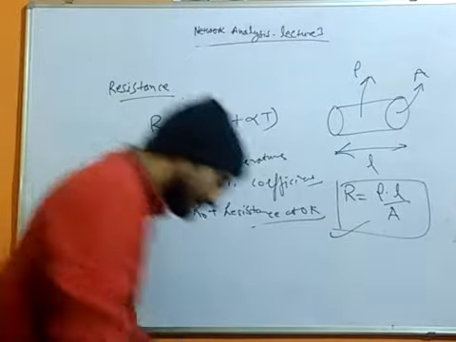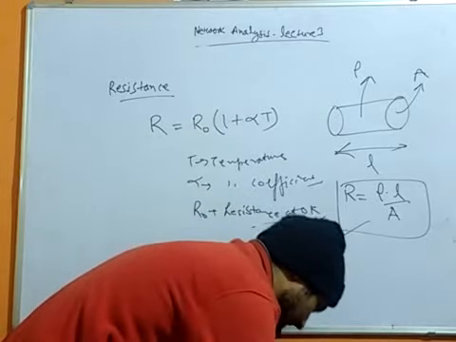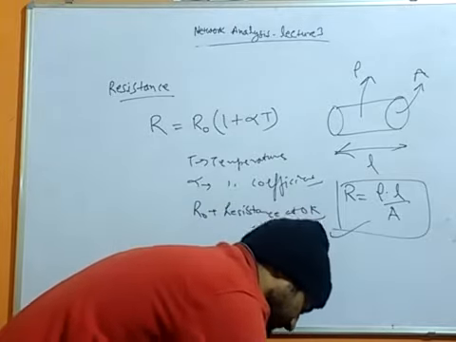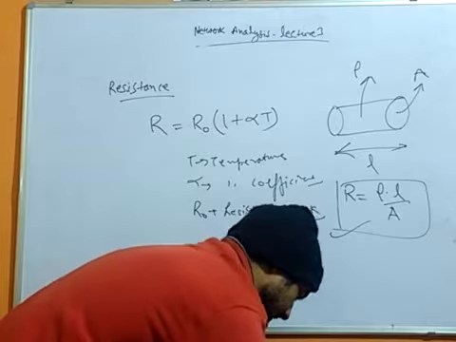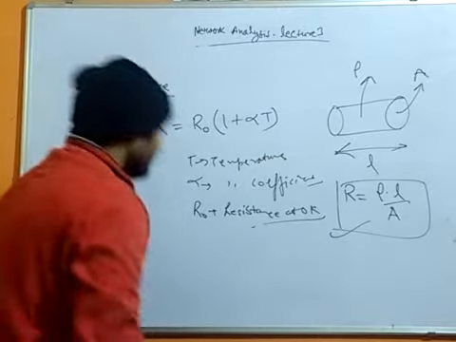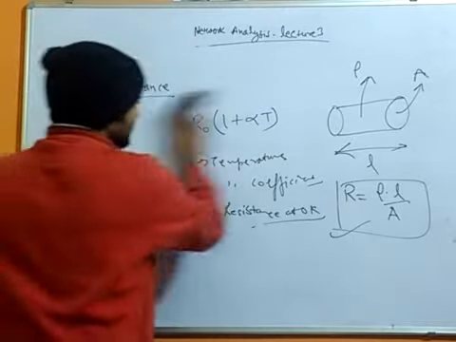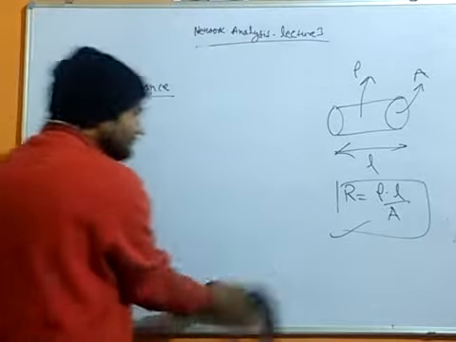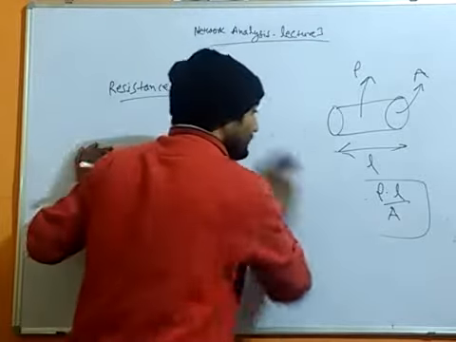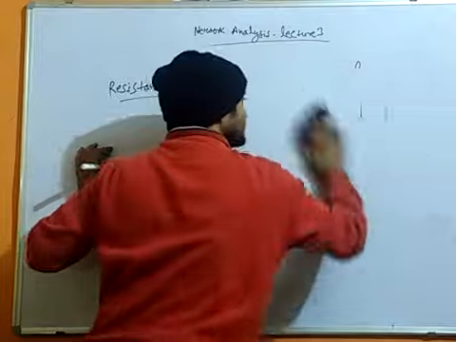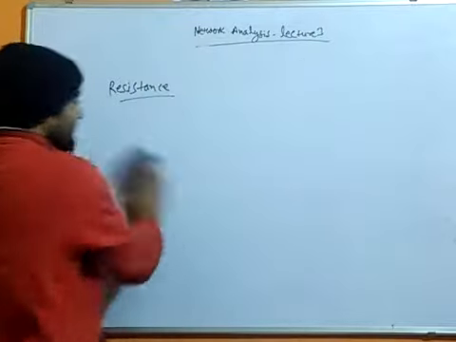This is about resistance. Now I come to the next topic, of course related to resistance itself, and we will see the values of resistance for short circuit and open circuit elements.